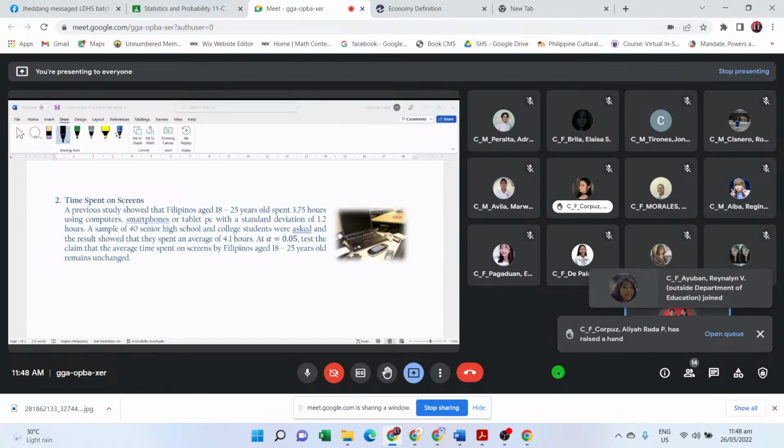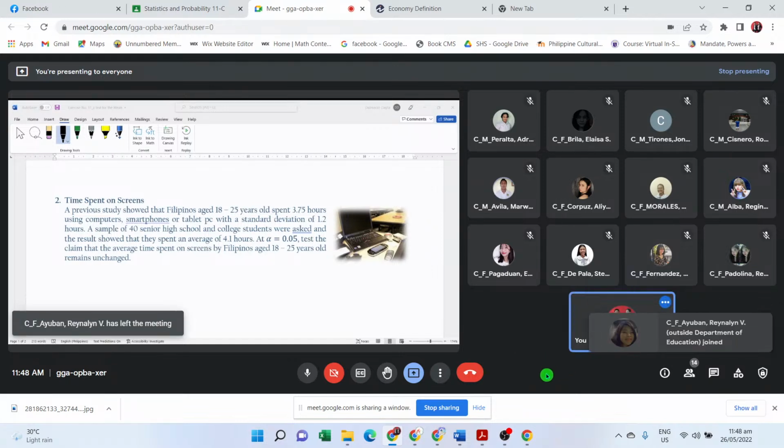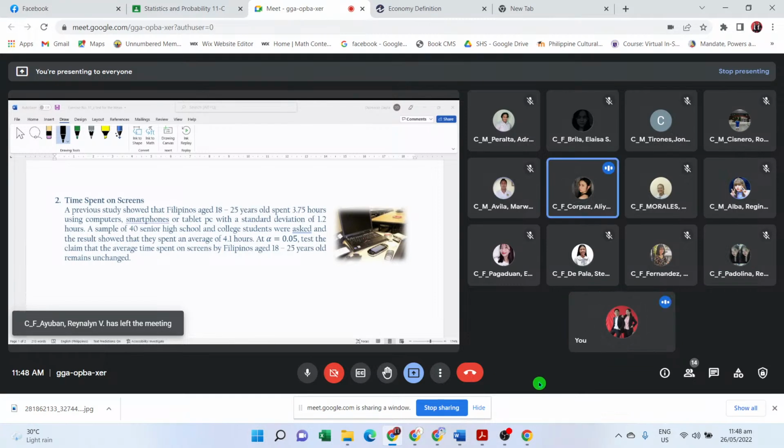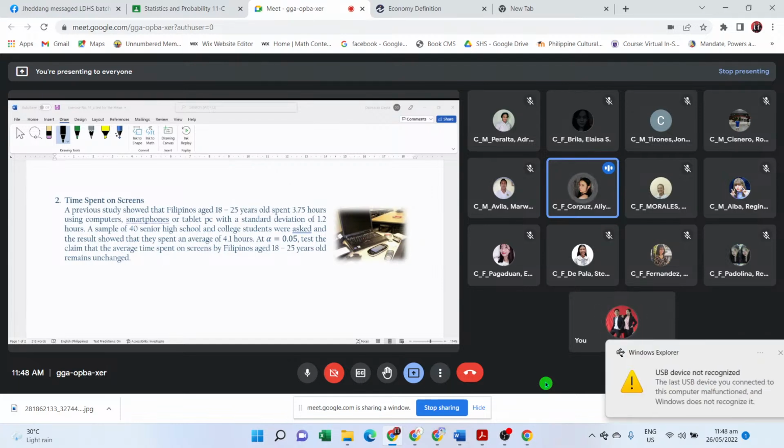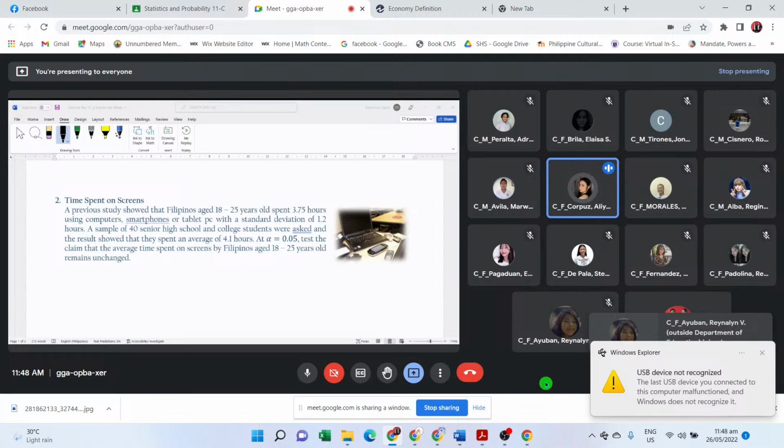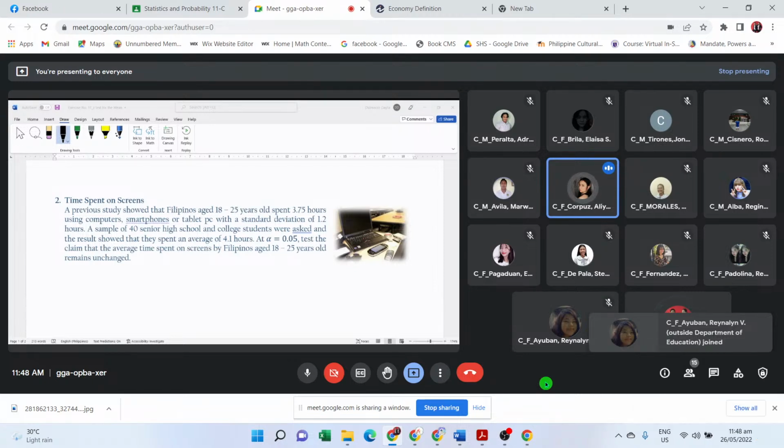Sige, Corpus, Aliyah. A previous study showed that Filipinos aged 18 to 25 years old spend 3.75 hours using computers, smartphones, or tablet PC with a standard deviation of 1.2 hours.